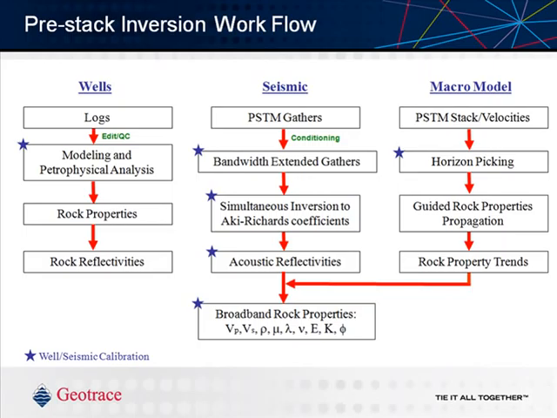Then we do our simultaneous inversion to the Aki-Richards coefficients, so you have your VP, VS and density reflectivities. Then invert these with good old impedance type inversion. Combine it with a macro model that you built, and there's a number of ways one can go about doing that, and it never seems to be the perfect way, but that's one of the things you try to do: build that low frequency model for the component that you don't have and combine them together to get your broadband rock properties, which is what we're going to look at here shortly.